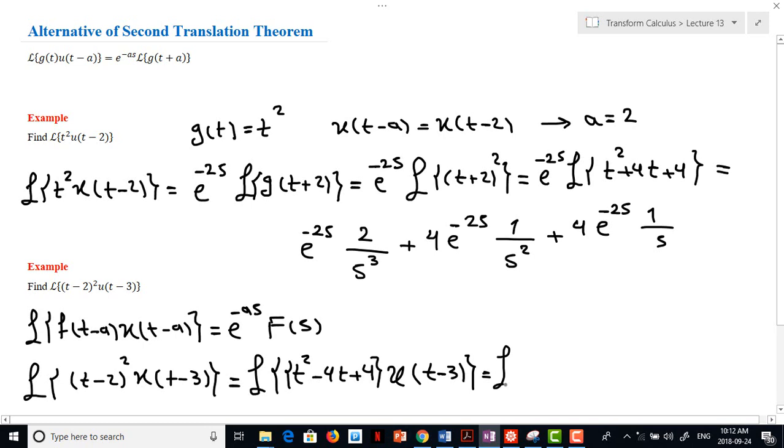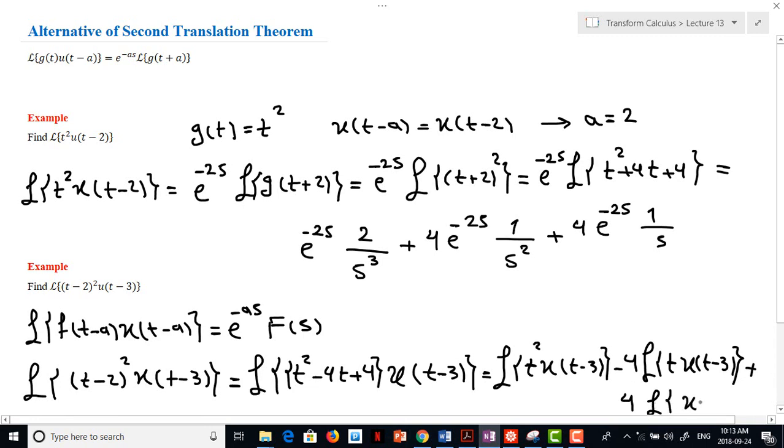It's equal to the Laplace transform of t squared u(t minus 3), minus 4 Laplace transform of t u(t minus 3), plus 4 Laplace transform of u(t minus 3).